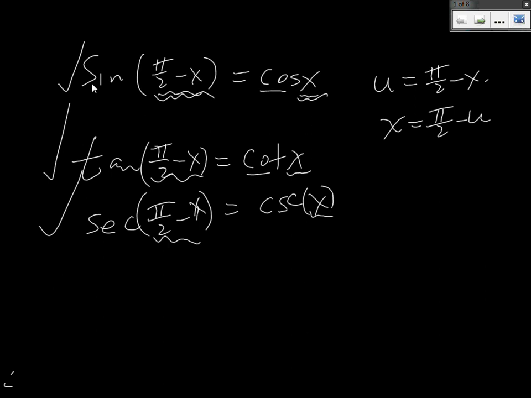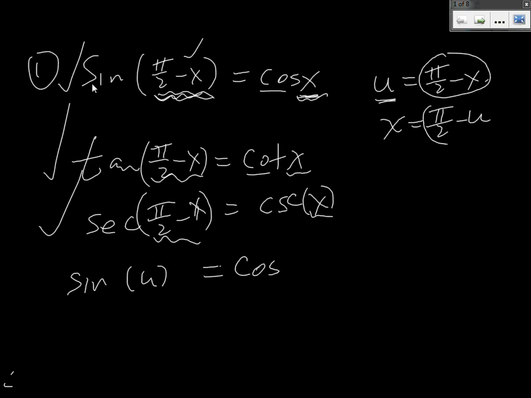Okay, so let's look at the first one. You have the sine of, well, I want to write everything in terms of u. So pi over 2 minus x, that's just u. And this is equal to the cosine of x, that x is pi over 2 minus u.